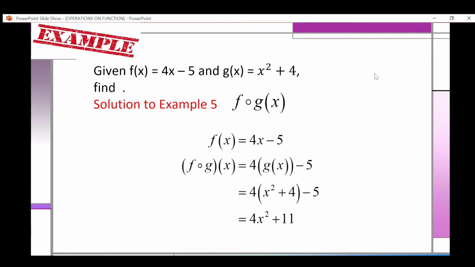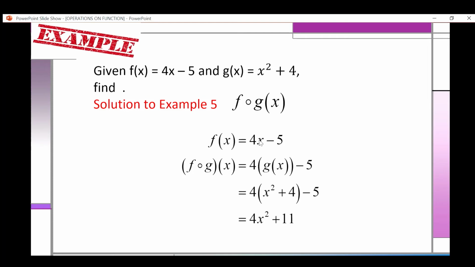Okay, so for example, given f of x equals 4x minus 5 and g of x equals x squared plus 4. So, find f circle g of x. Ayan. So, si f circle g of x, pwede natin siyang sulat as f of g of x. Ayan. So, si f of x is 4x minus 5.